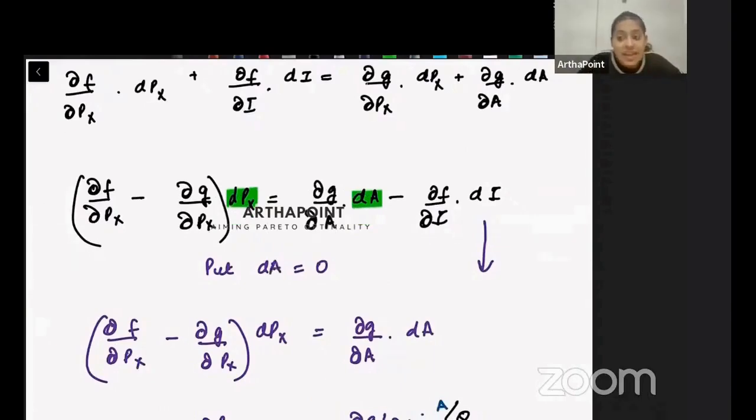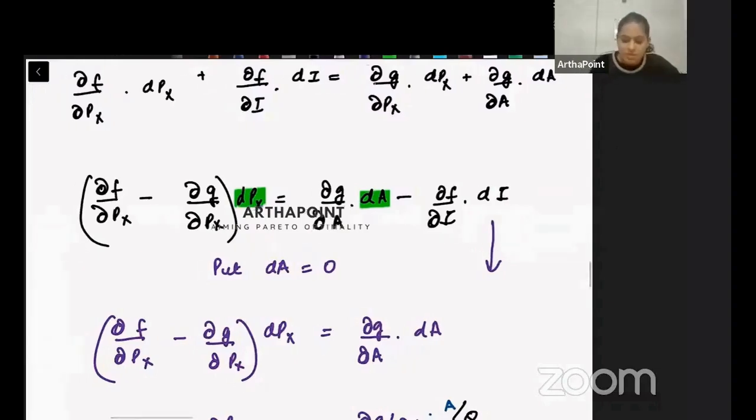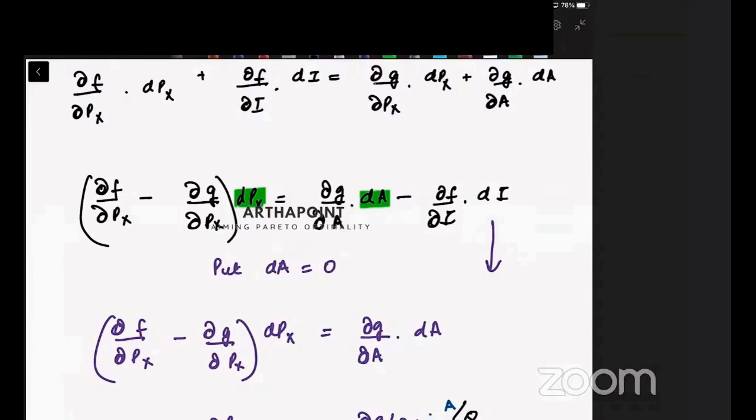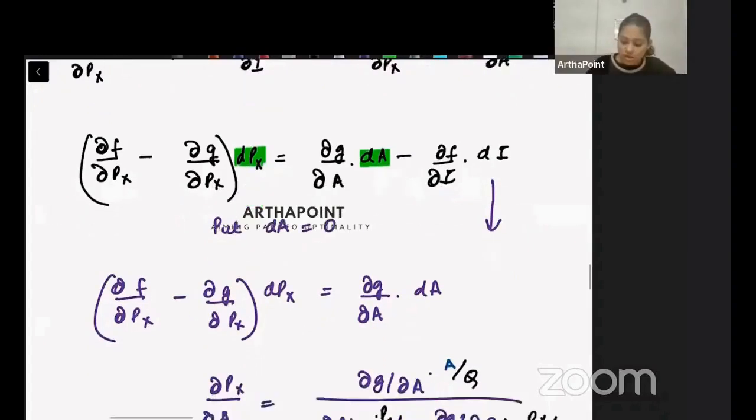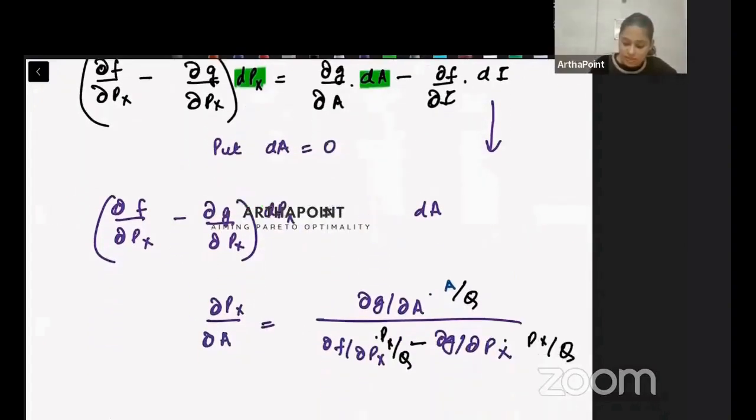Then in the numerator I will get minus del F by del I dI, because I'm putting dA equal to 0.